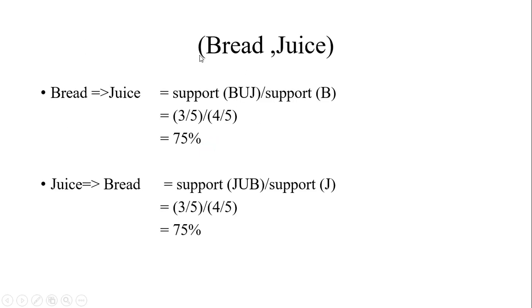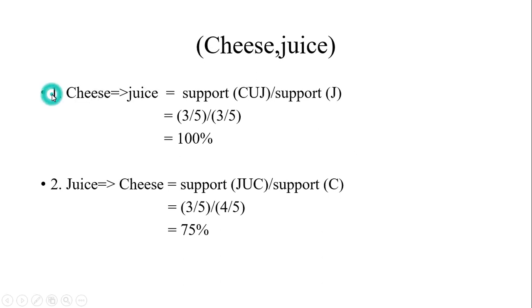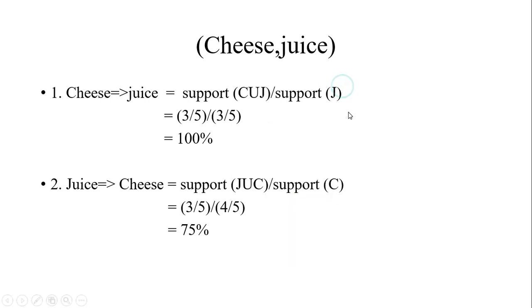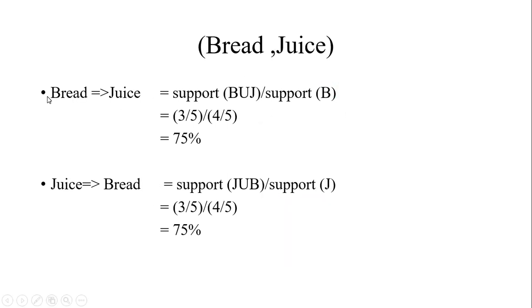For rule number 1, bread to juice. So we have to calculate the confidence. There is a formula for calculating the confidence: support of bread union juice divided by support of bread.